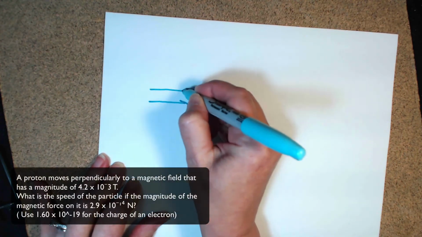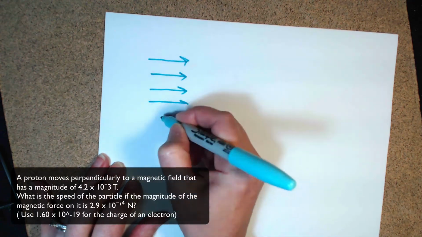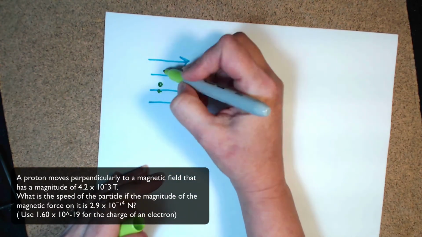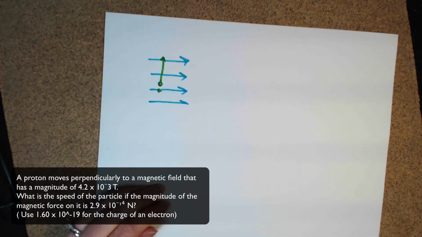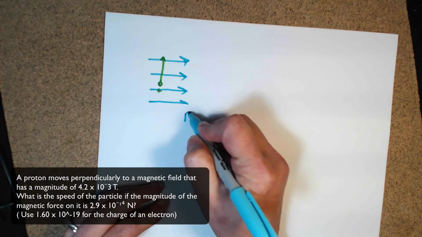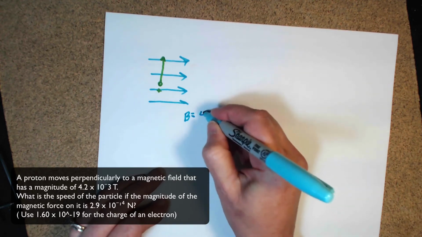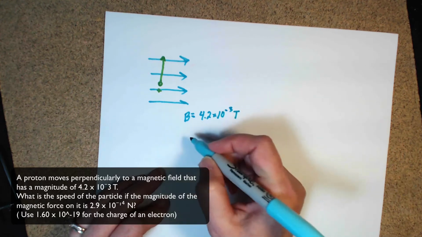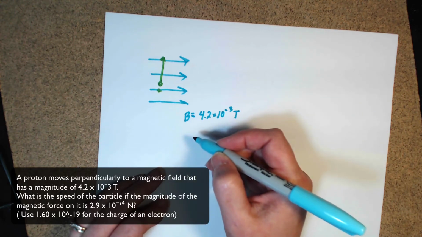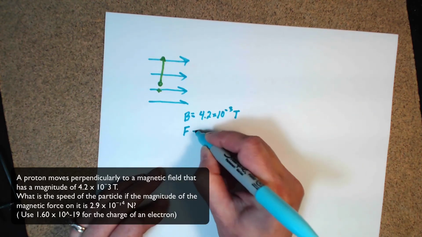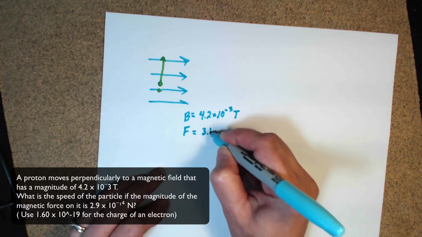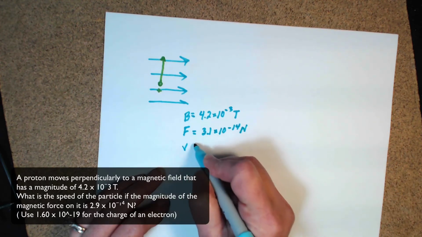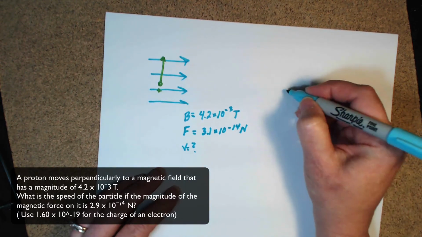For our next problem, we have a proton that's moving perpendicularly in a magnetic field. Our magnetic field has a magnitude of 4.2 times 10 to the negative 3 Tesla. We're trying to find the speed of our proton if the magnitude of the magnetic force is 3.1 times 10 to the negative 14 newtons. Now remember that a proton has a charge of 1.6 times 10 to the negative 19 coulombs.